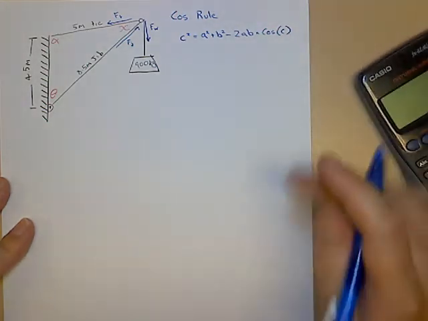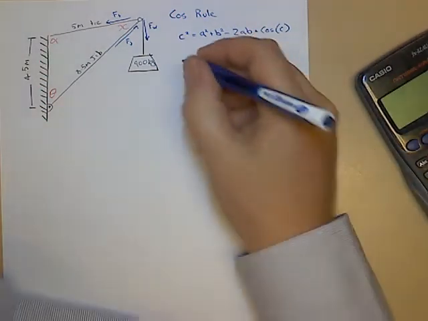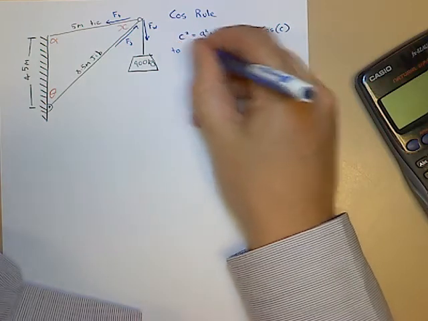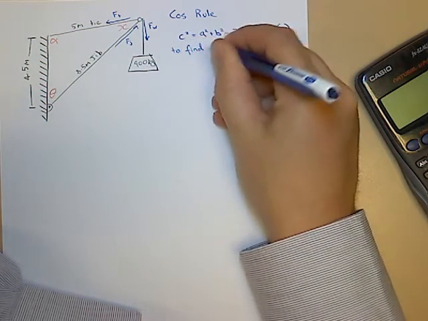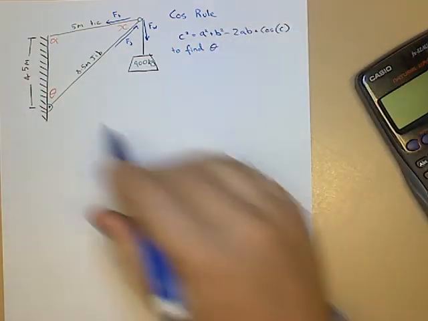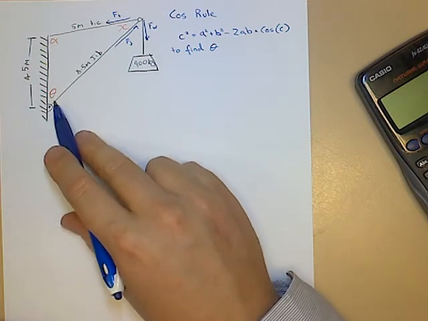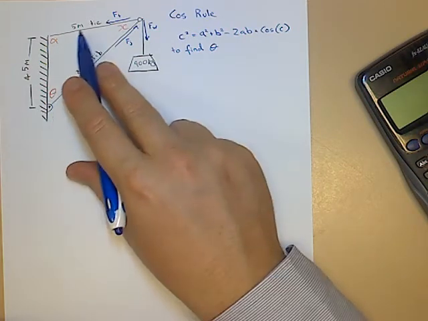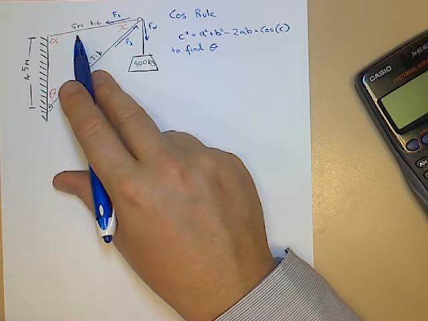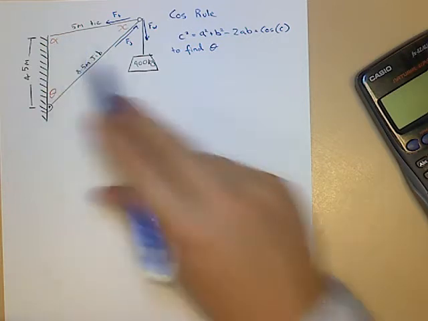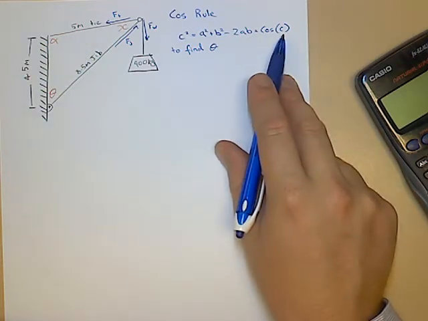If we were trying to find theta, then this is going to be our C angle, which makes 5 meters our C side. But to find the angle, first we're going to rearrange this equation.